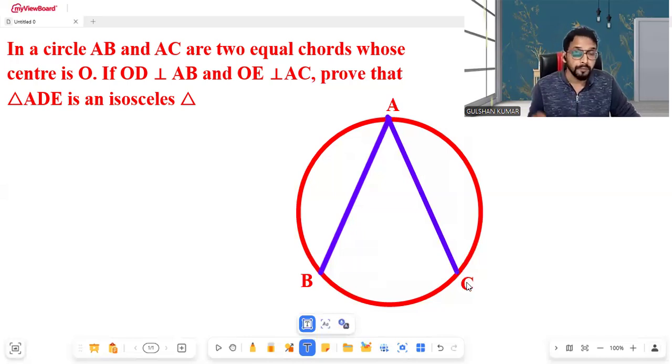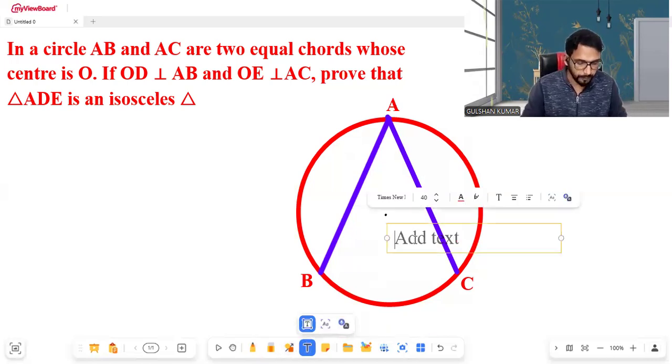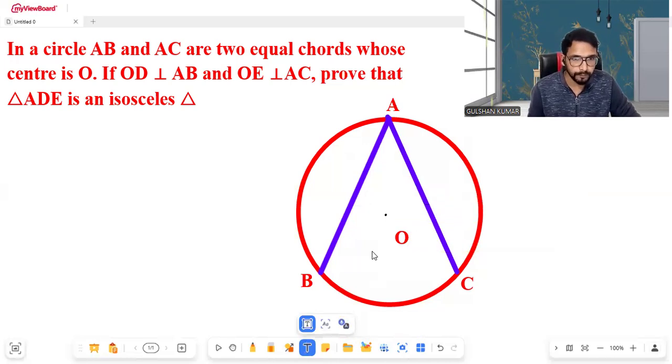Now, we have to make a center here. This is the center, and we name it O.